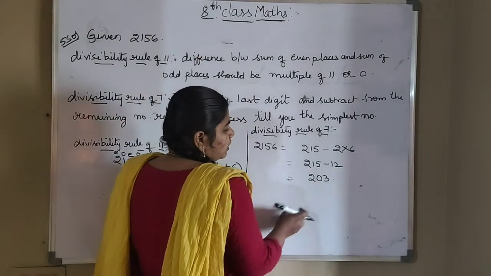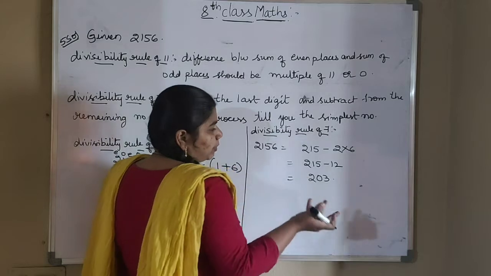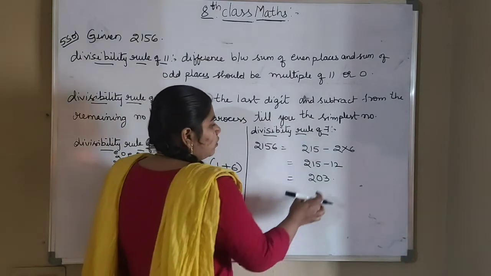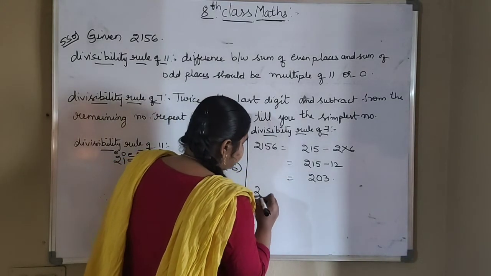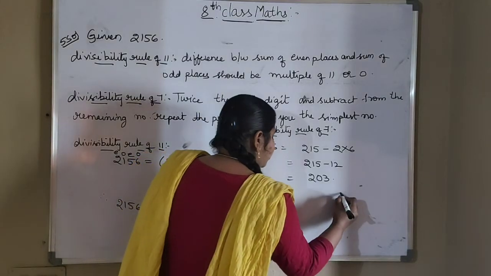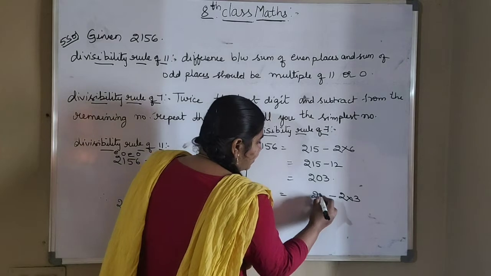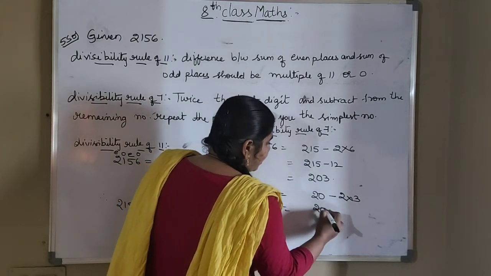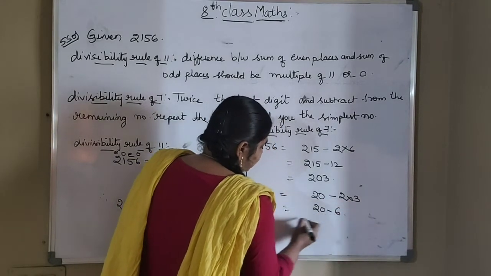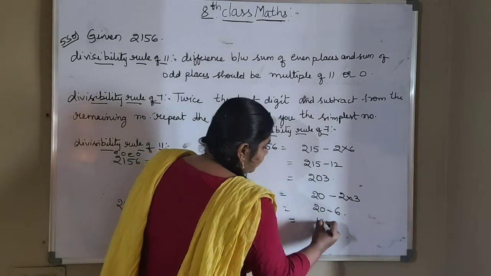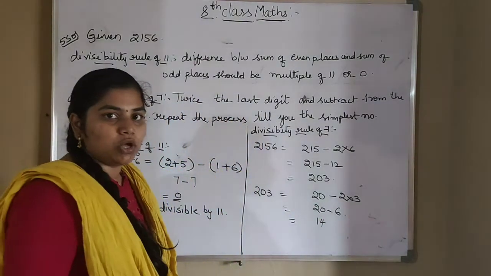So 203, whether it is in the 7 table or not, we don't know. So again, twice the last digit: 2 into 3, and subtract from the remaining number. So that is 20 minus 2 threes are 6. So 20 minus 6 will be 14. So 14 is a multiple of 7.